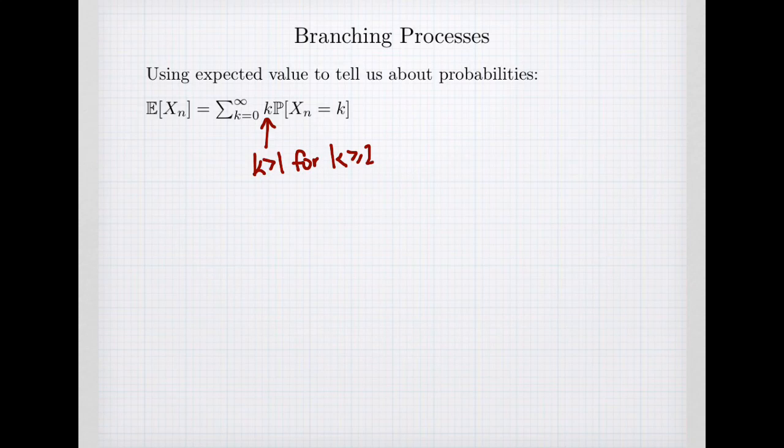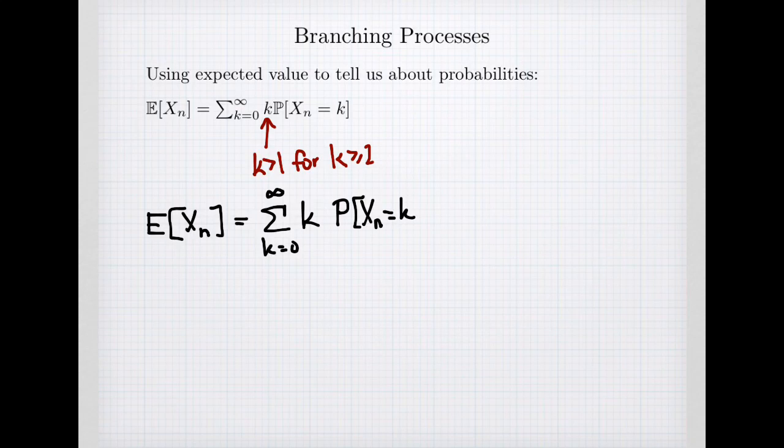Now that seems like a ridiculously simple observation, but what this allows us to do is say that the expected value of x sub n, which is the sum from 0 to infinity of k times the probability that x sub n equals k, where k equals 0 doesn't show up at all, is greater than or equal to the sum k goes from 1 to infinity of the probability that x sub n equals k.